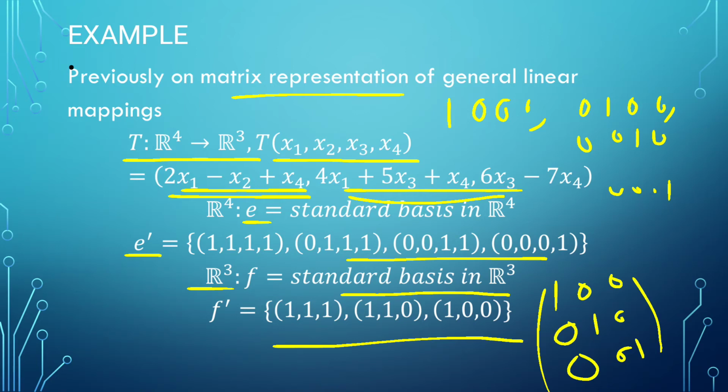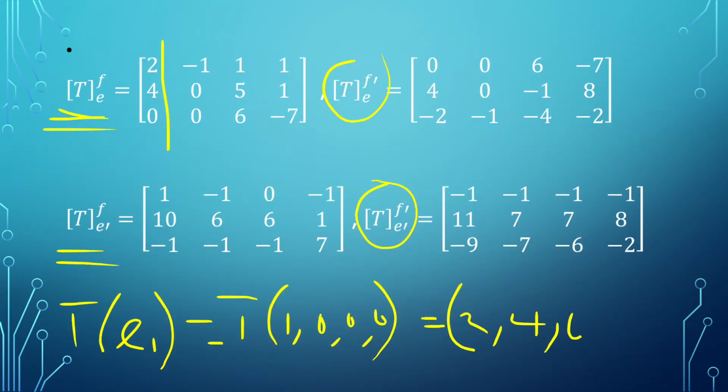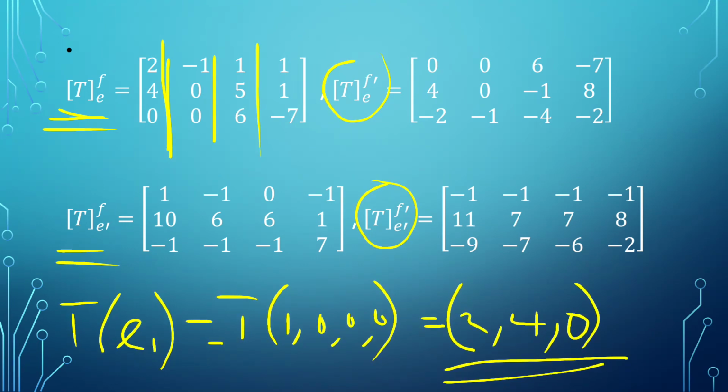So this vector is actually 2, 4, 0, and becomes a column. Substitute the next one, you get the third and fourth, and hence you have gotten this one.